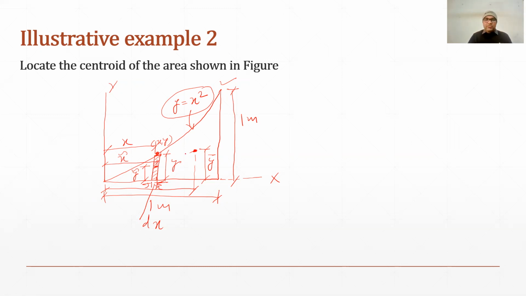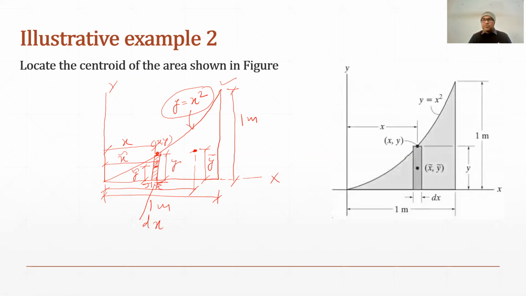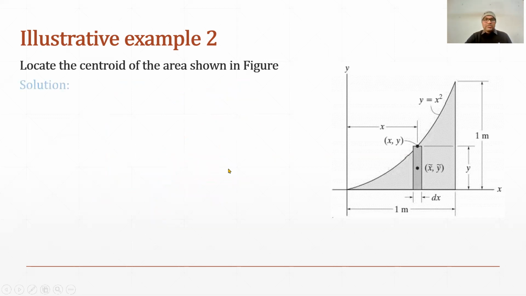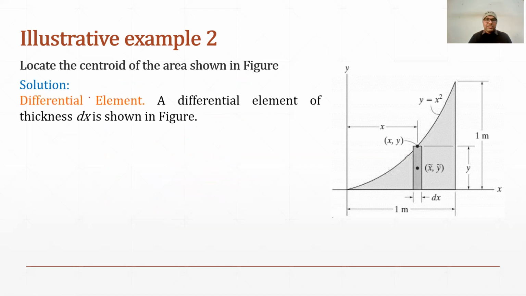I have made this diagram for your reference. I already have a ready-made diagram for this, having all the details. So that is our case. Now in the solution, our first step is to choose the differential element.